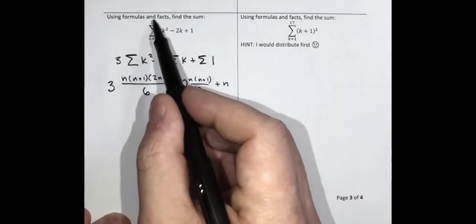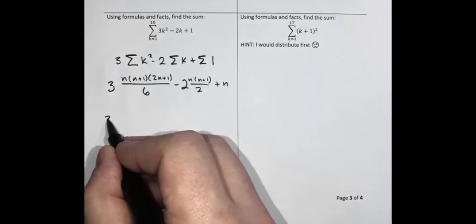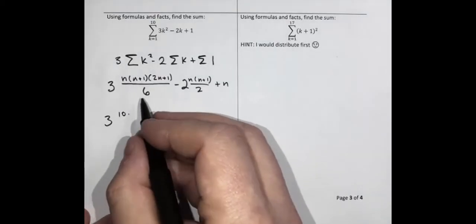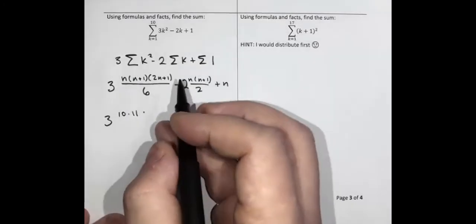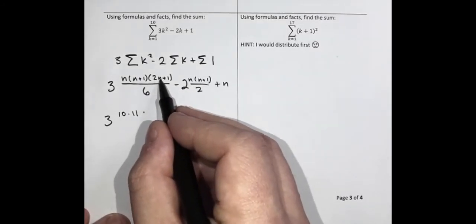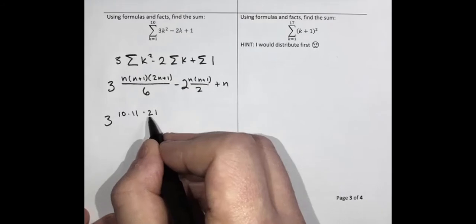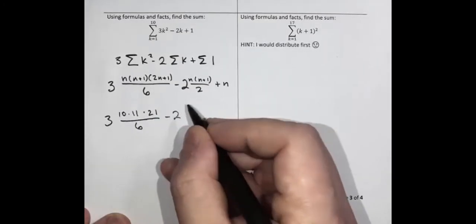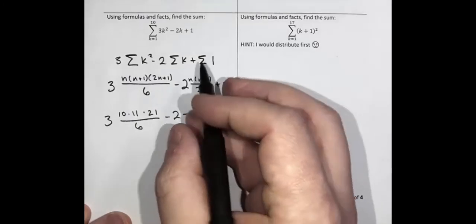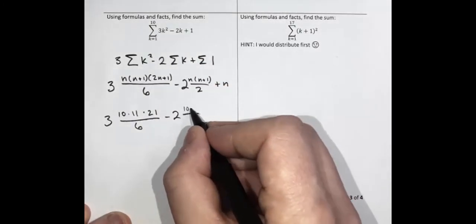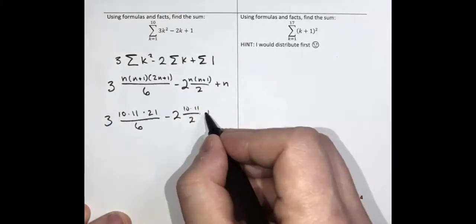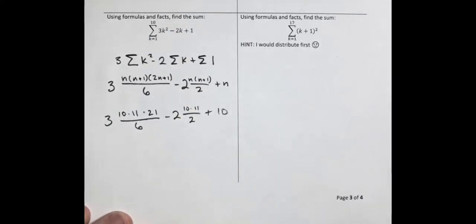Now n was the top number, which is 10, so that means we need 3 times 10 times 10 plus 1, which is 11, times 2 times 10 is 20 plus 1 is 21, over 6, minus 2 times n was 10, so this is 10 times 11 over 2, plus n was 10.